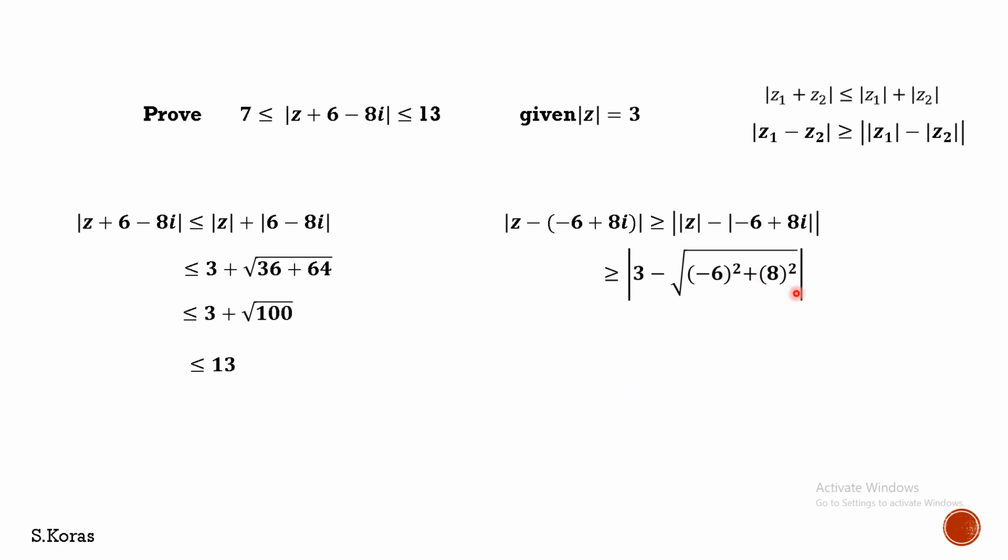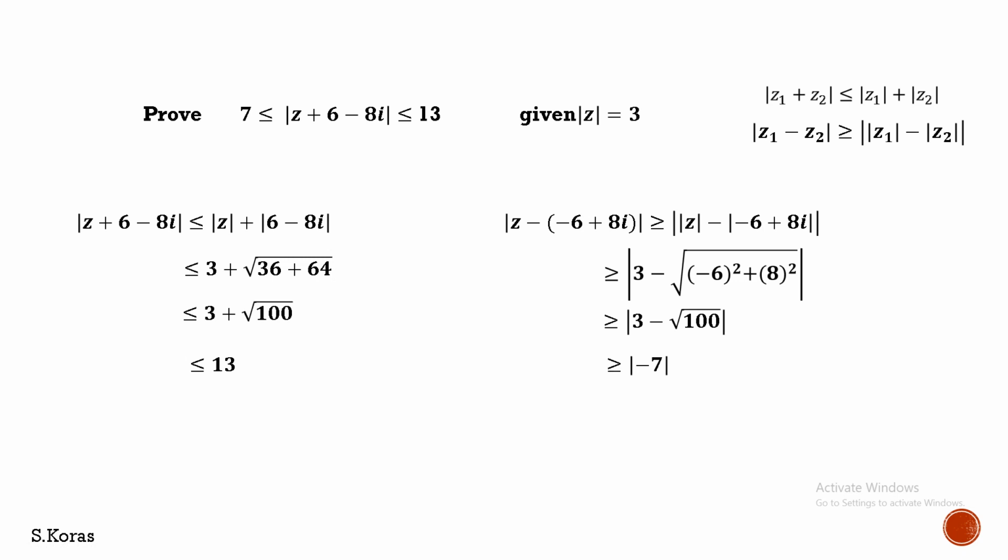Modulus of z is 3. For this minus, this is the square root of minus 6 the whole squared plus 8 squared. If we simplify it, inside the square root it becomes 100, that is 3 minus root 100, that is 3 minus 10. Our answer is minus 7.